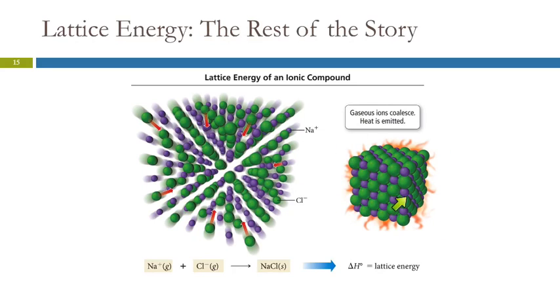And so what happens is they will naturally arrange themselves to maximize the attractions and minimize the repulsions. So we see that we have a sodium ion next to chloride ions, and the chloride ion is surrounded by sodium ions. So we've got positive, negative, positive, negative, positive, negative. And the amount of heat released when that happens is the lattice energy.